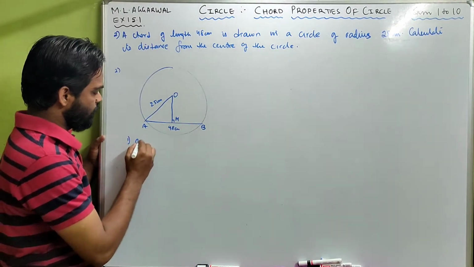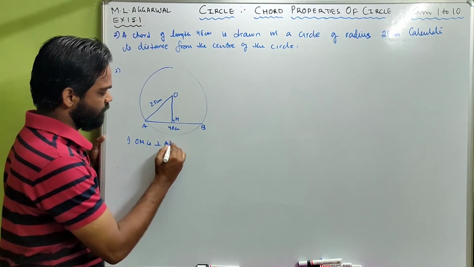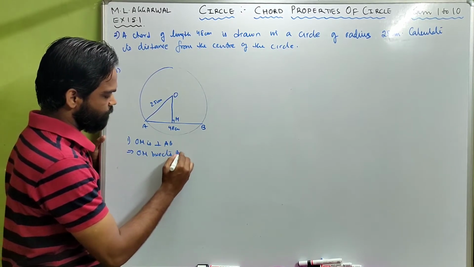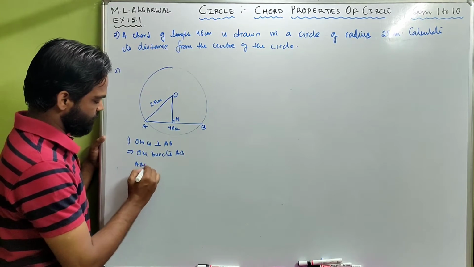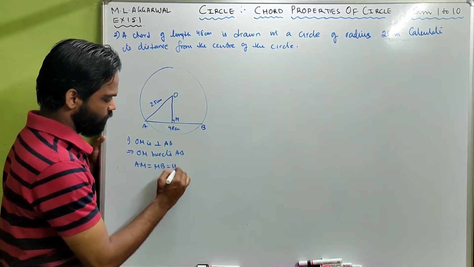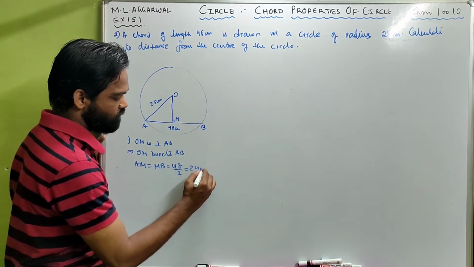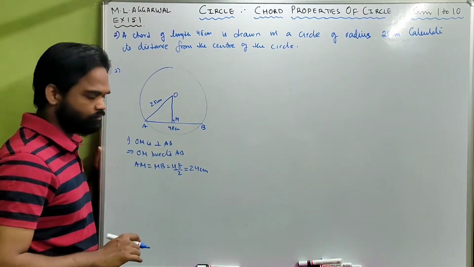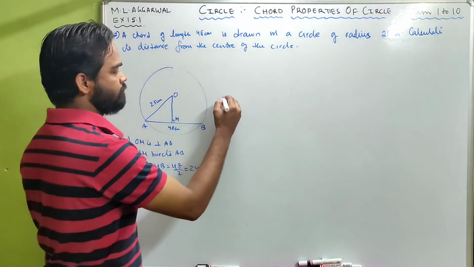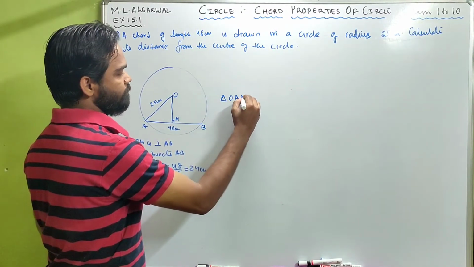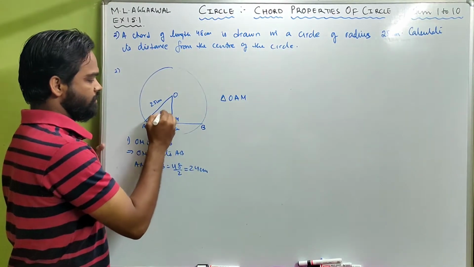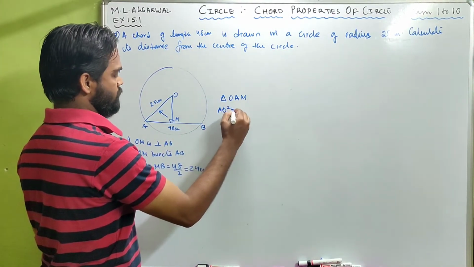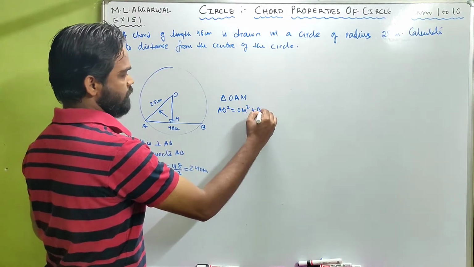OM is perpendicular to AB, which means OM bisects AB, which means AM will be equal to MB will be equal to 48 by 2, which is 24 centimeter. So this is 24, this is 24. Done. Now look at the triangle OAM. Now this is 90 degree, we know. This is the hypotenuse. So AO square equals OM square plus AM square.